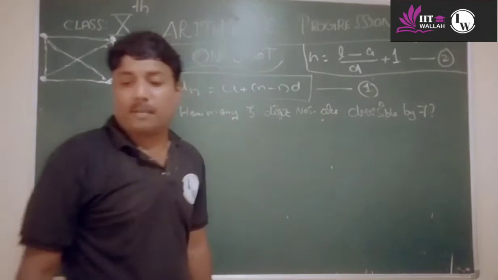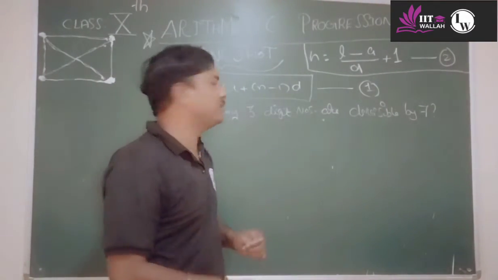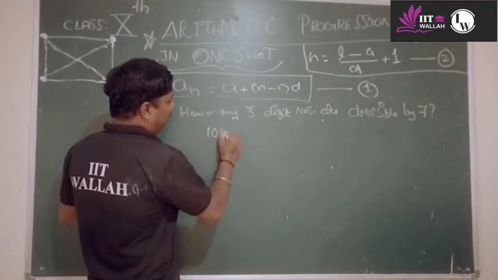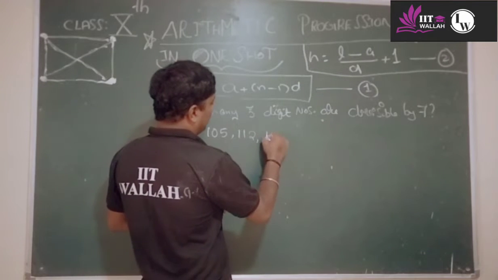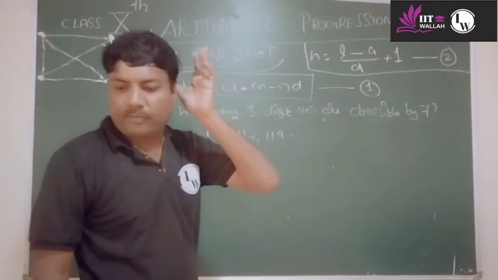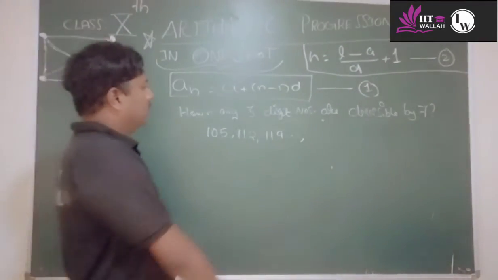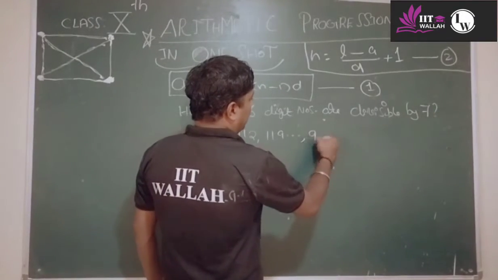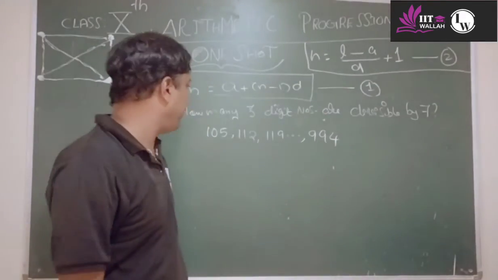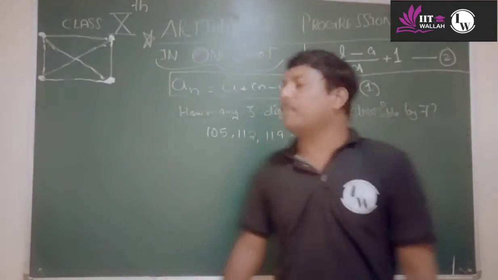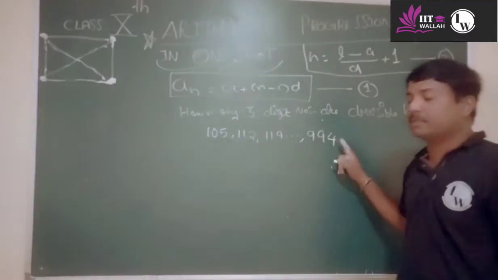The first 3-digit number which is divisible by 7 is 105, then 112, then 119, and so on. The last one is 994, you can check it. So the first 3-digit number divisible by 7 is 105, and the last 3-digit term is 994.